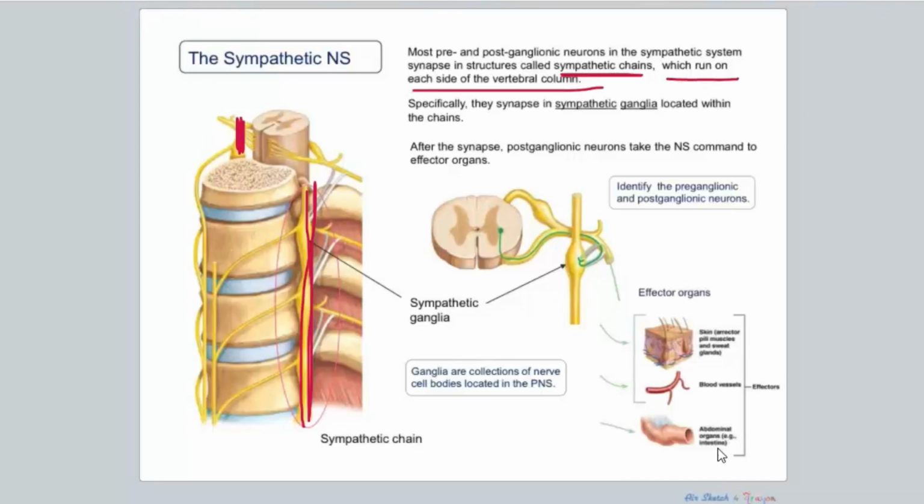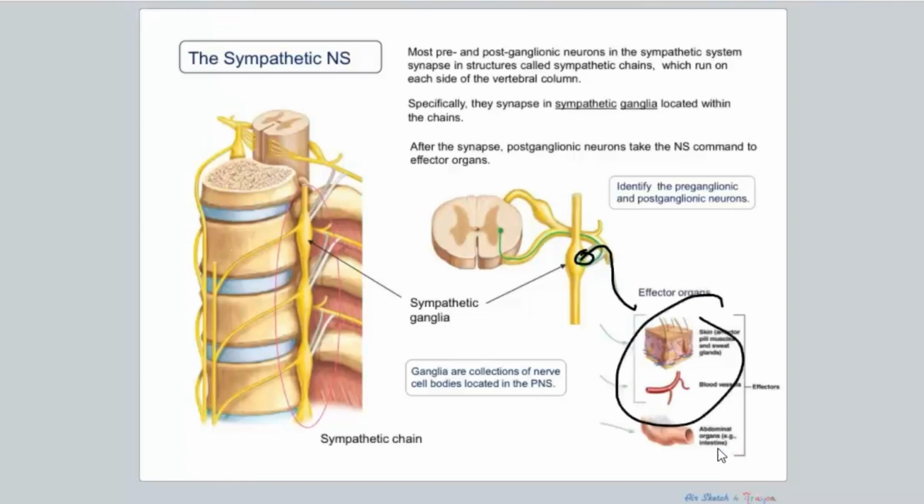On the posterior side, you can see these sympathetic chains running down each side of the vertebral column. So what happens is you have the preganglionic neuron that comes out of the spinal cord, and it comes around and synapses with the postganglionic neuron in this sympathetic chain right there. Then that postganglionic neuron takes it to the specific effector organs.